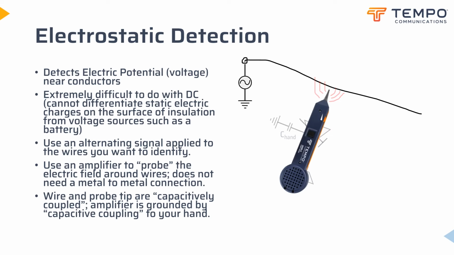This tip connects to the input of a sensitive high impedance amplifier, whilst the amplifier is grounded by mutual capacitance to your hand. You can adjust the gain of most amplifiers, and they may be equipped with a speaker or a headset, and some have signal level indicators. Clearly, this is also how non-contact voltage detectors work to detect 50 or 60 Hz mains electricity.